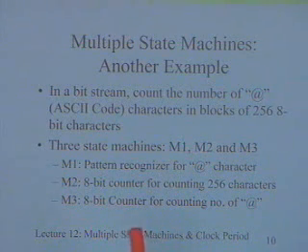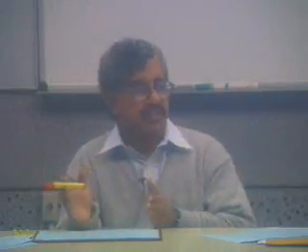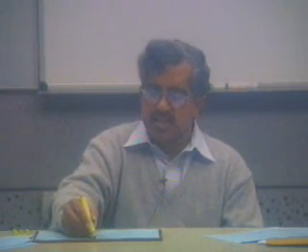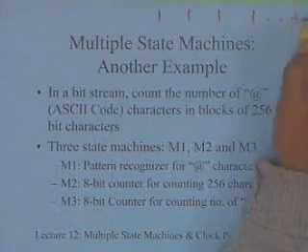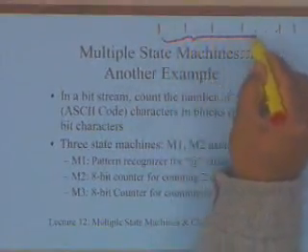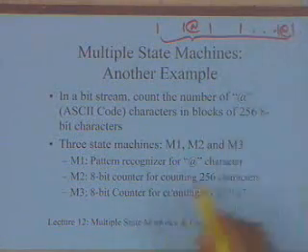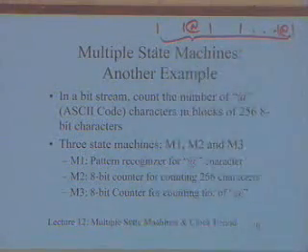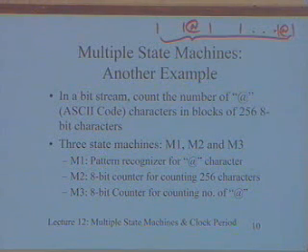So you have to go in those steps, and the character is not going to spread over half the bits here and half the bits there. So there are two levels of blocking, and then there are 256 such characters. There is an at character coming here, and there is an at character coming here. I need to count how many such at characters there are in a block of 256 characters.